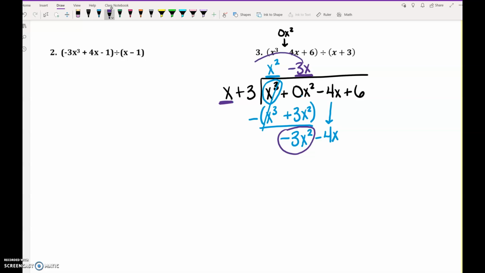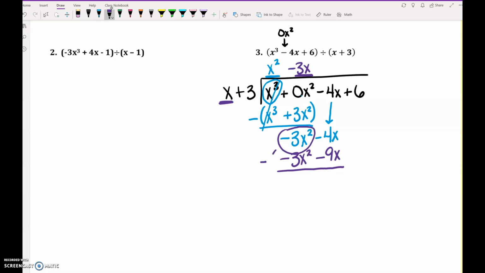So negative 3x times x is negative 3x squared. Negative 3x times 3 is negative 9x.